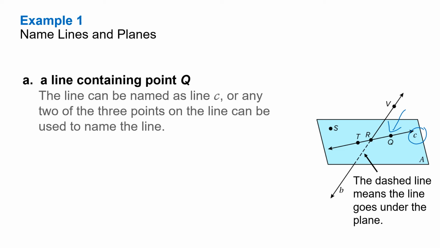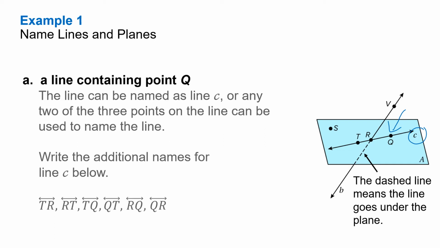So we can use any combination of 2 of those letters to name this line. We have 6 options for naming this line using 2 letters: TR, RT, TQ, QT, RQ, and QR. Sometimes students make the mistake of thinking that TR and RT are different lines.